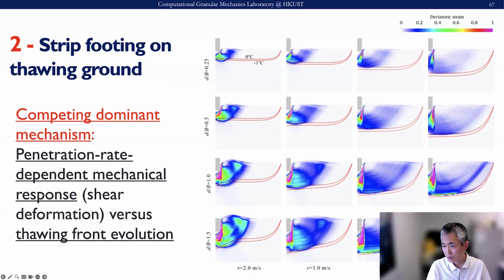When the penetrating rate is slow, you can see here the thawing front is much faster and deeper than this mechanical shear band, right? But when the footing penetration load is faster, you can see the shear band can really lead in front of the thawing curves, and also make the thawing curves very kinked somewhere here.